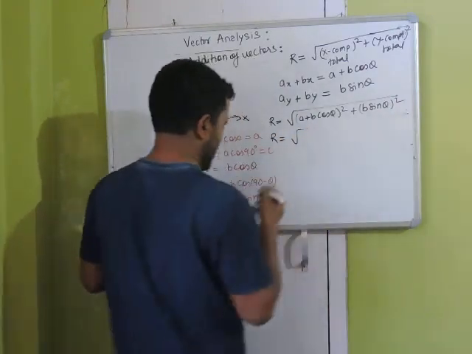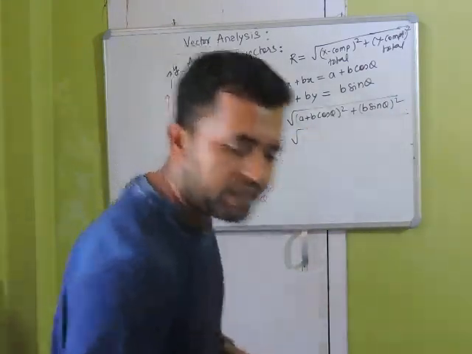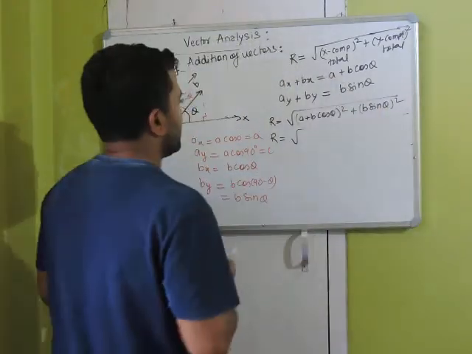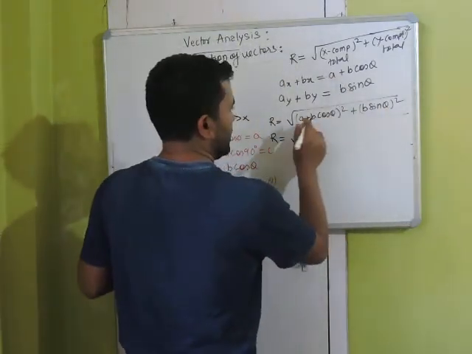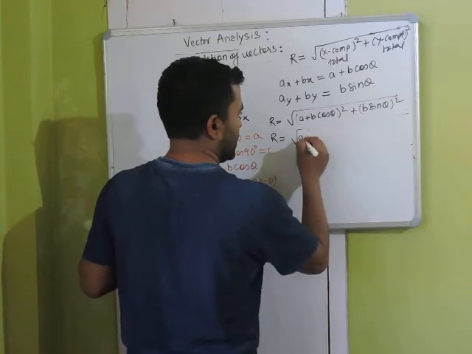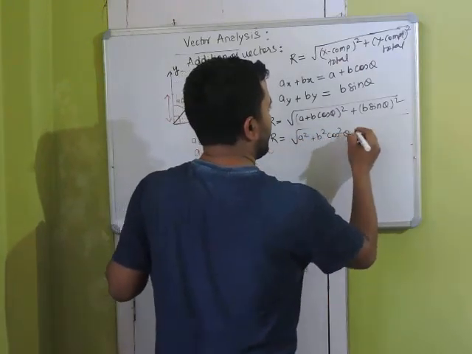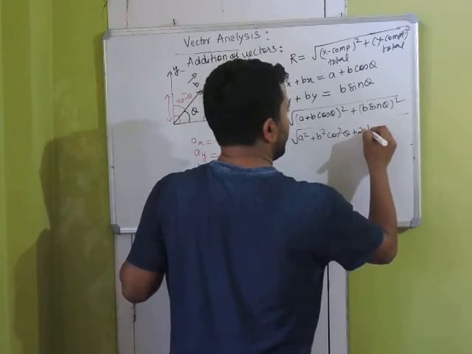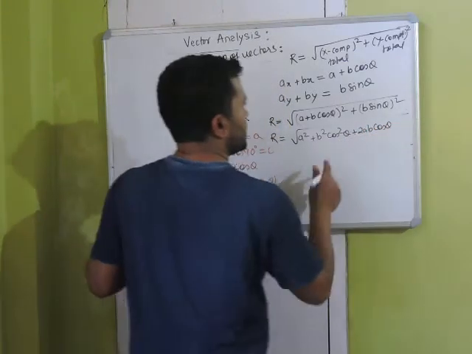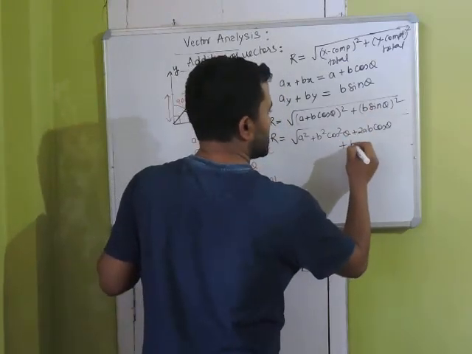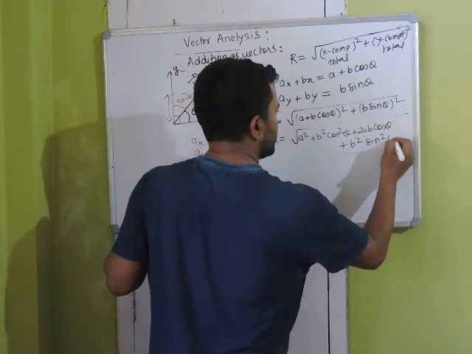If you open this, then we'll get A square plus B square cos square theta plus 2AB cos theta, and this will only give you B square sin square theta.